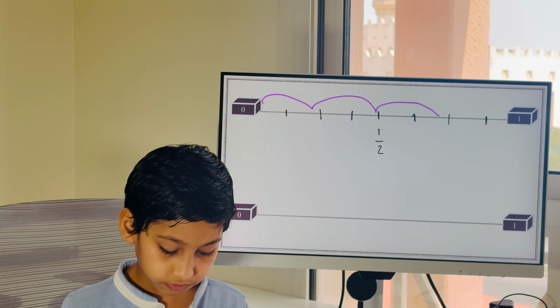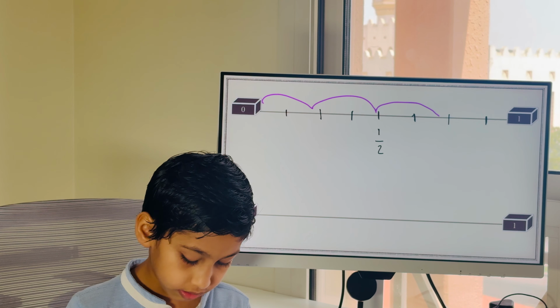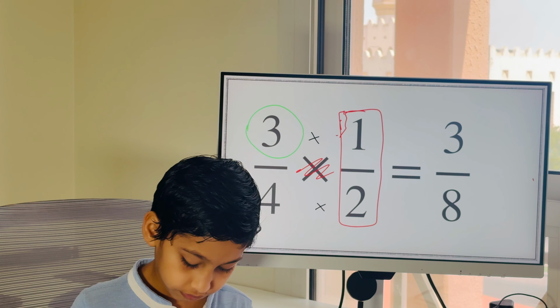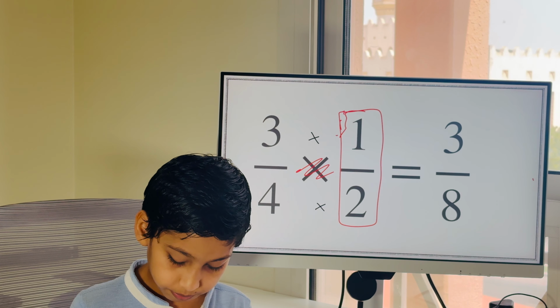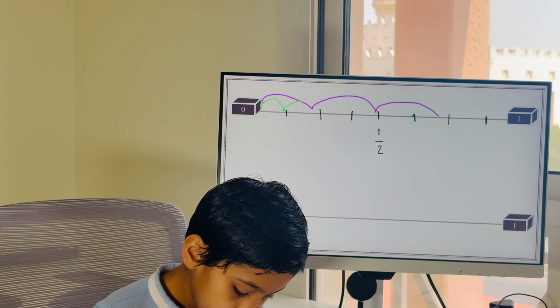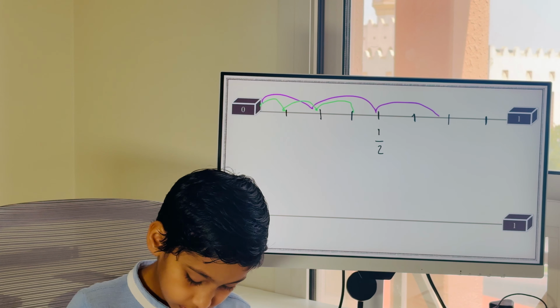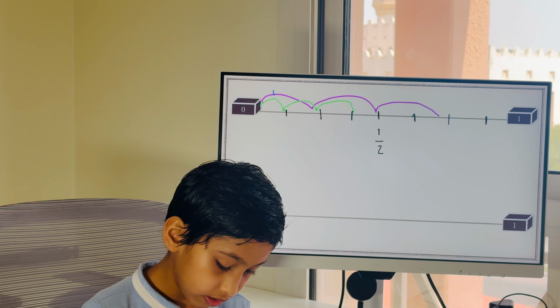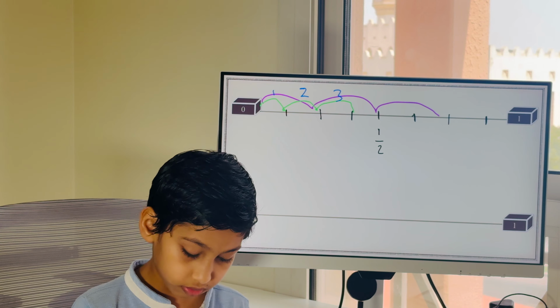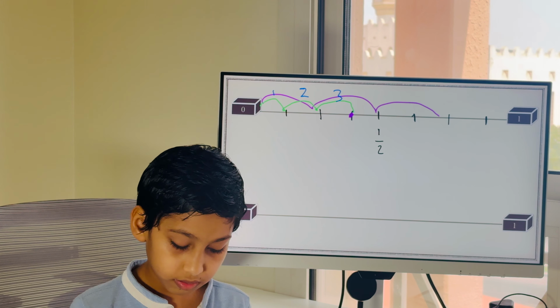So once we're done with that, we can just skip 3 parts of those 4 parts, right? So there's 1, 2, and 3. So there are 3 which are skipped, and that leads us to this point right over here, and that is our answer.